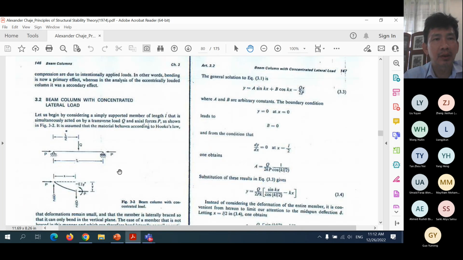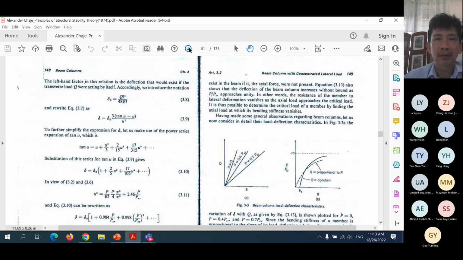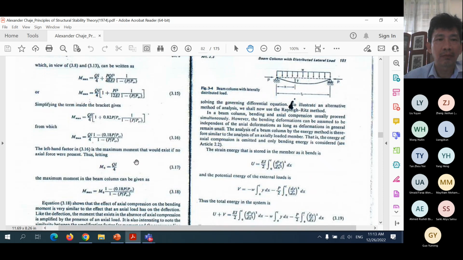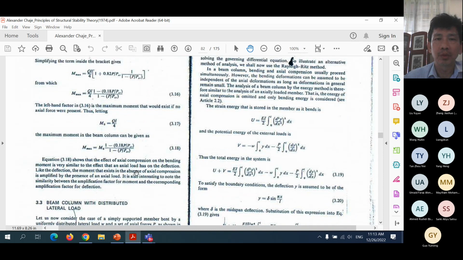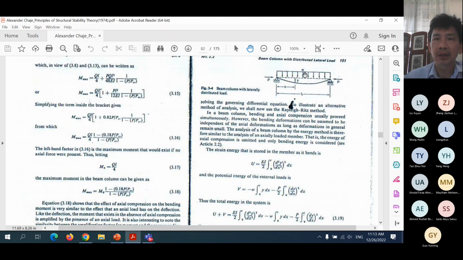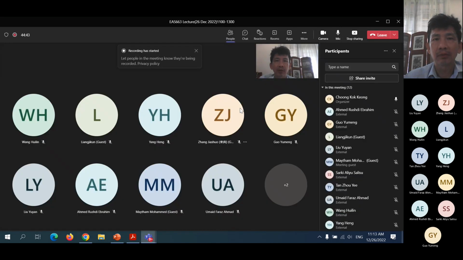Section 3.2 is for this case, and section 3.3 is for beam column with distributed lateral load, which is this case here. I hope you can follow.